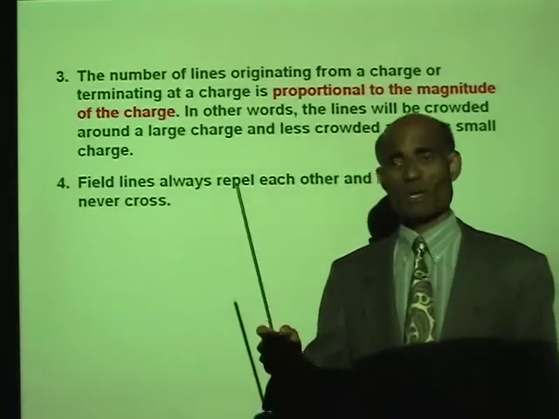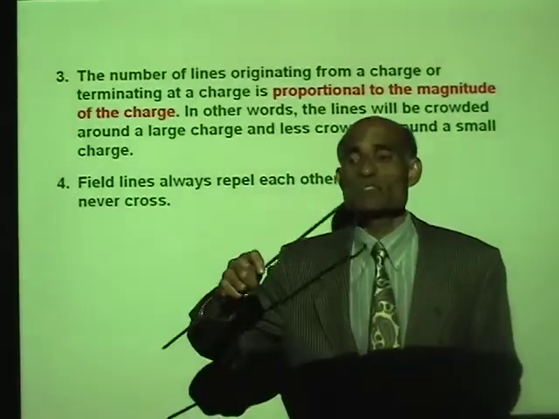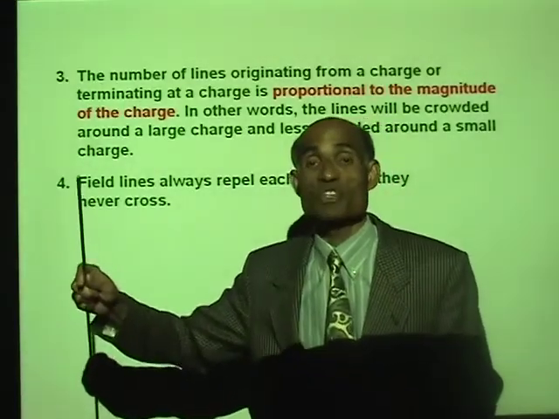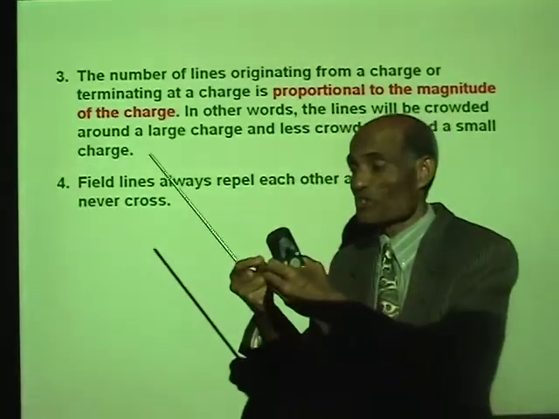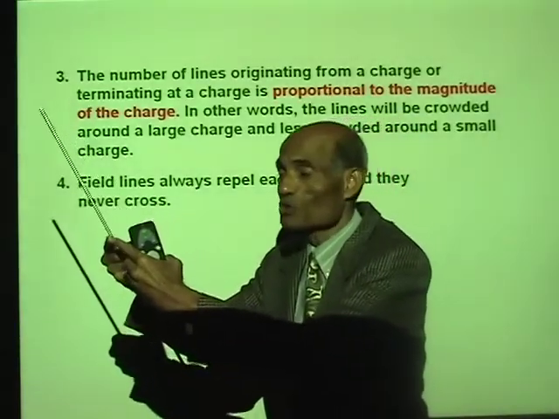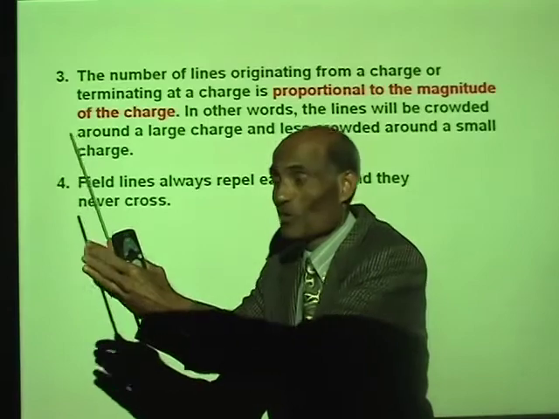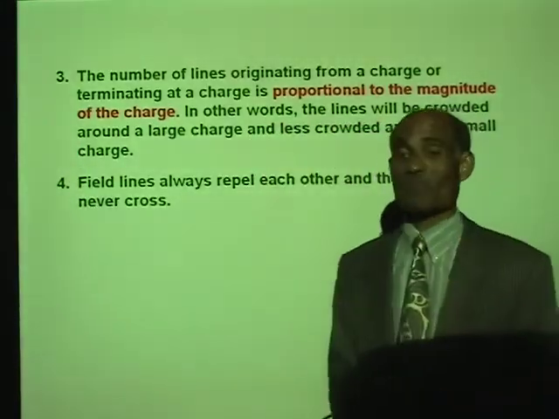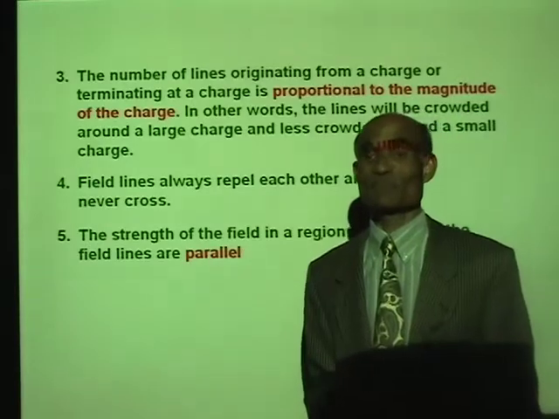That's understandable because a field line is the path taken by a positive test charge. If two positive test charges are moving, can they ever come closer together? No, they will always be repelling. And that's therefore the property of the field lines.